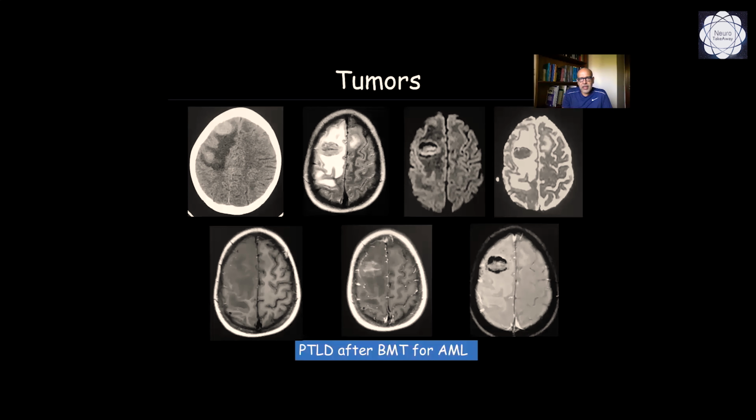And finally, another tumor. This is a lymphoma. This is a typical case of post-transplant lymphoproliferative disorder. In general, these tumors appear after solid organ transplants, such as kidney transplant or heart transplant. But on this occasion, it was secondary to a bone marrow transplant for an acute myeloid leukemia.